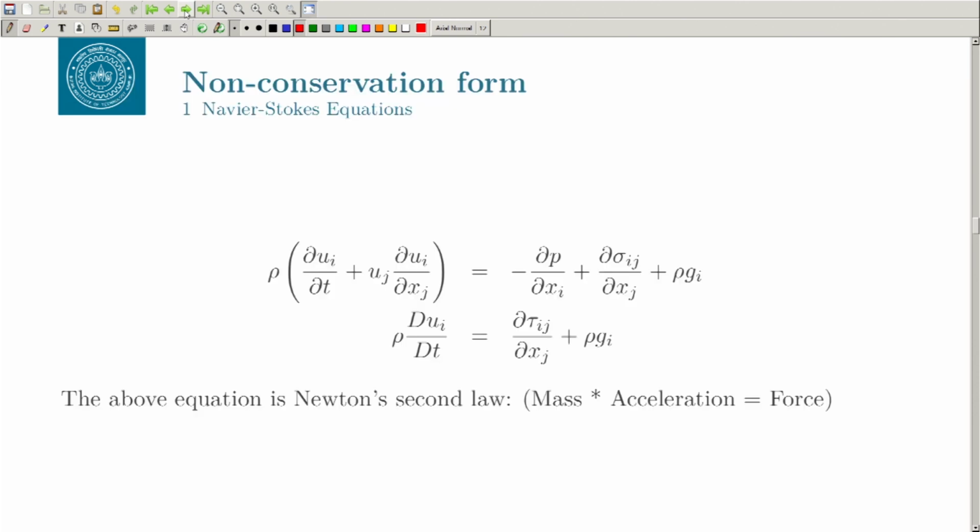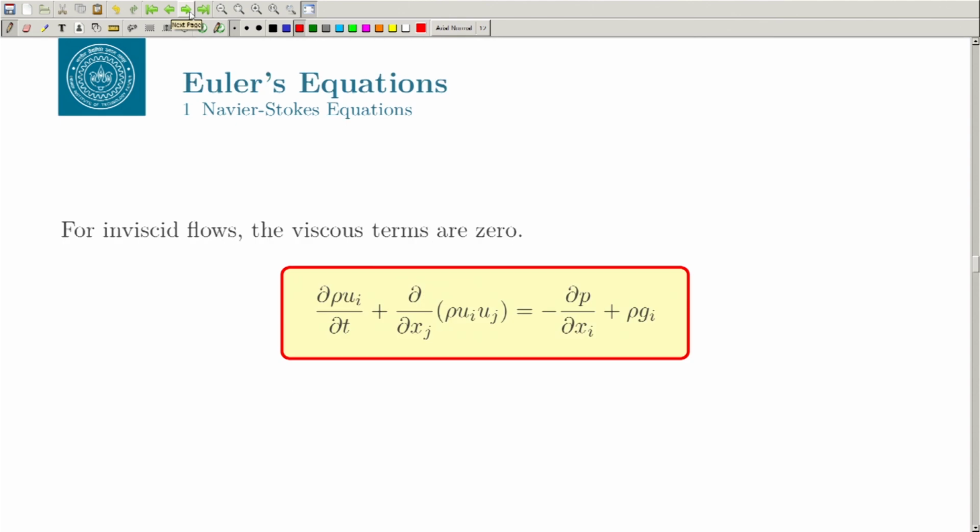Okay. And this is equal to, you can further cast this del u i by del t plus u j del u i by del x j as the substantial derivative or the total derivative, and that will give you mass into acceleration. I mean you can write the entire thing as the acceleration. This is the Lagrangian form. Okay. So, now let us go to the Euler's equation.